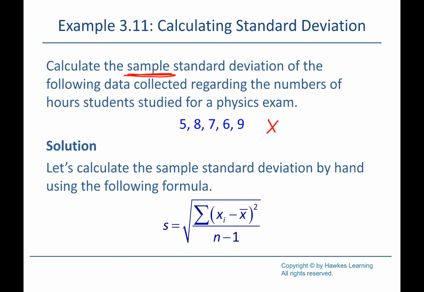So we have to do that ahead of time. I think you get 35 over 5, so that gives us 7. That 35 is just 5 plus 8 plus the rest of the values, which gives us 35.